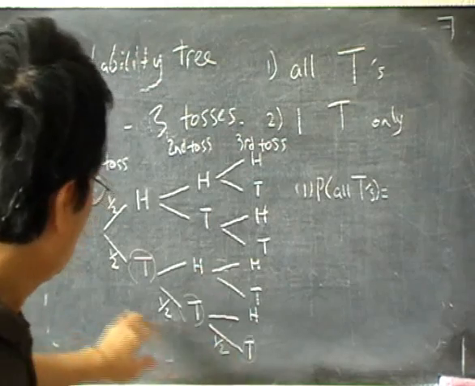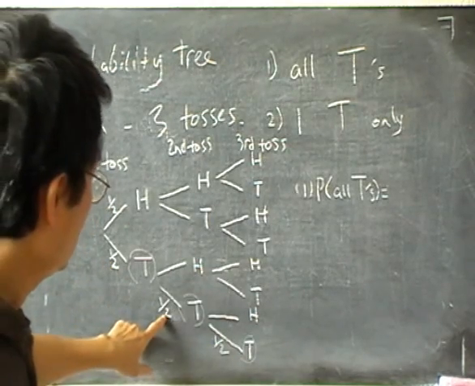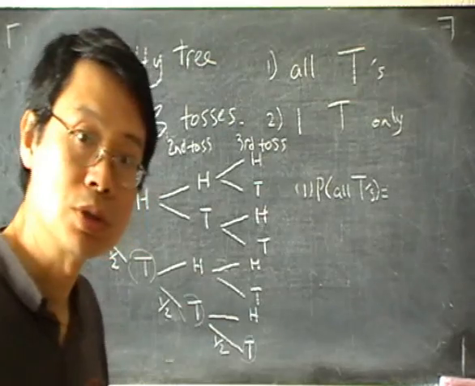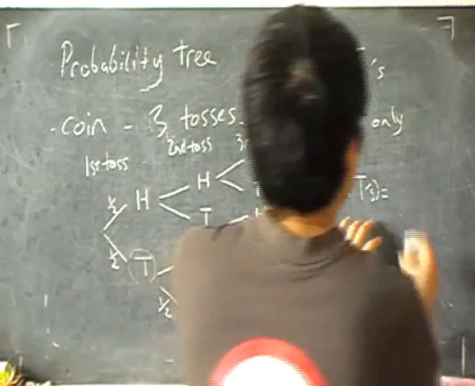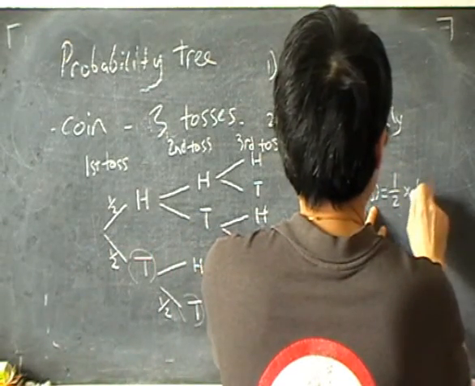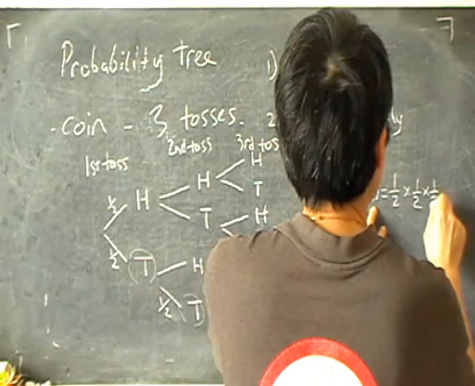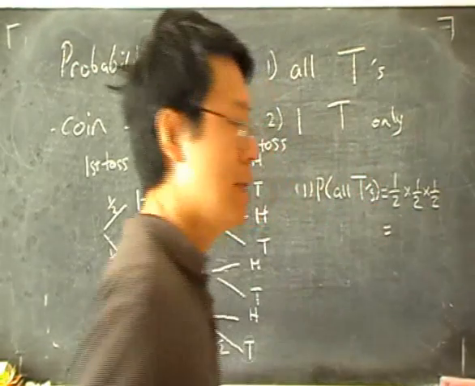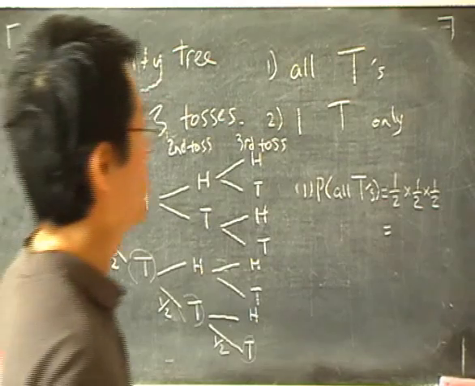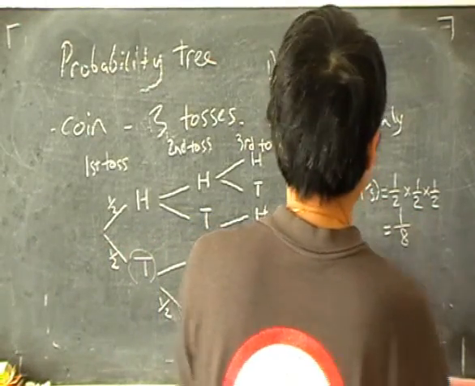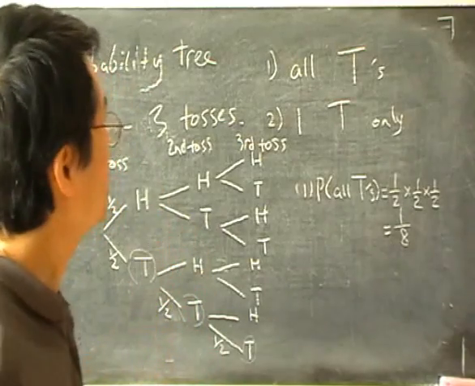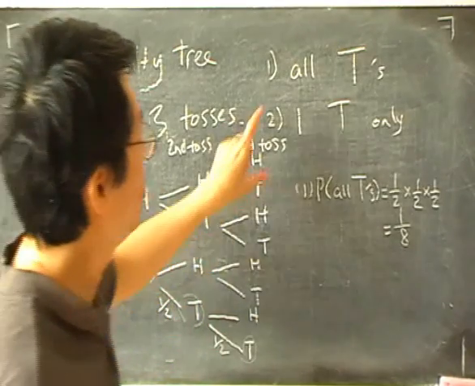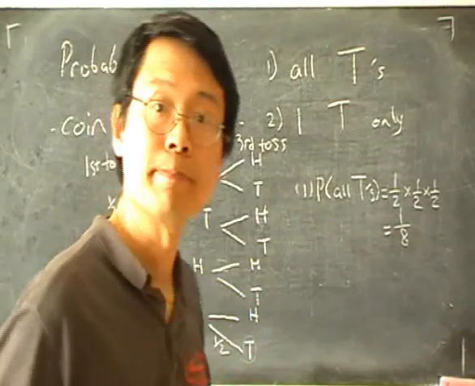Follow those branches and multiply the probabilities on those branches. So in this case it would be half times half times half. And that's the answer. 1/8. That's the answer for the probability that all are tails.